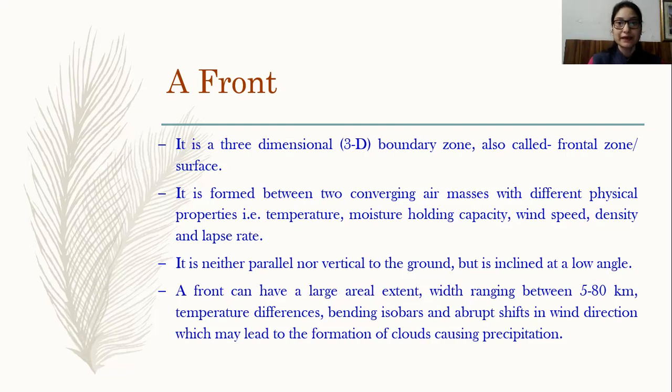Now, both the air masses are coming from different directions and they come closer to each other. They come face to face with each other in such a manner that they develop a front in between.